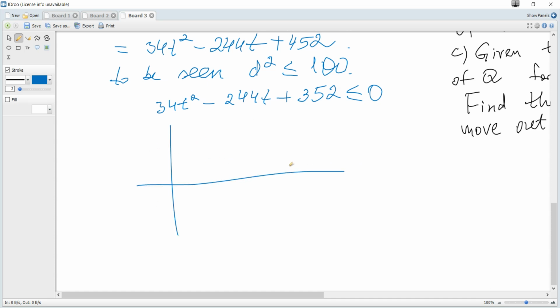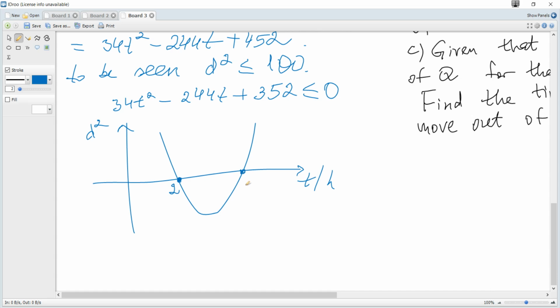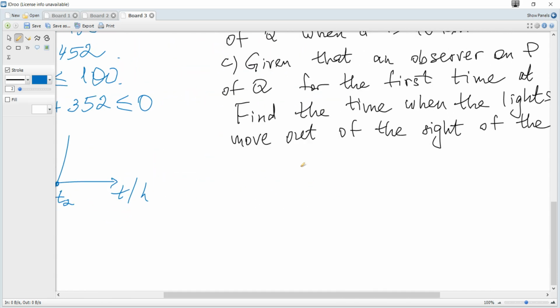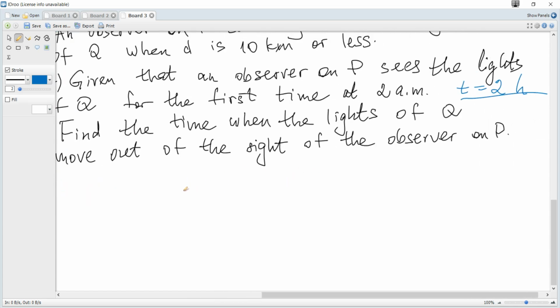It's a concave up parabola, and to be seen, y, or d squared, should be less than or equal to 0. It's this region to be seen, and the first time it happens is when t is 2 hours, so this coordinate is 2 hours, and we need just the second root, and if t is greater than t2, it will not be seen anymore.